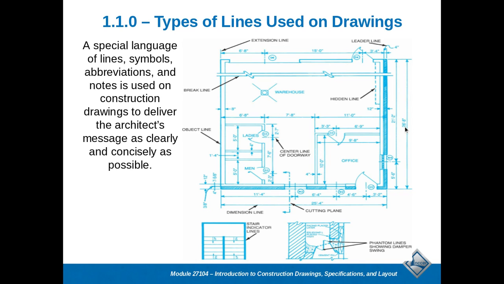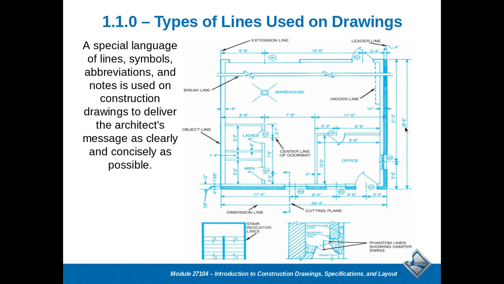You're also going to see these in your performance task. On your performance task, you're going to have to identify these lines and read and understand different types of plans. And part of that is knowing what these lines are. So you will see your different object lines, your dimension lines in this.